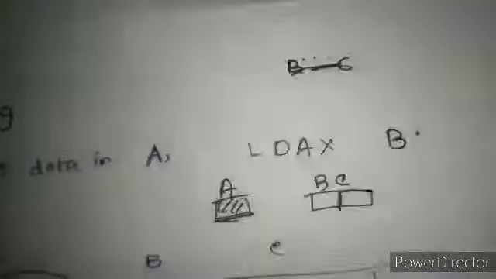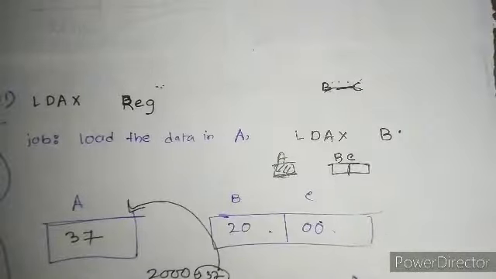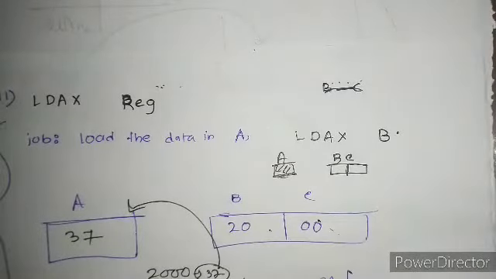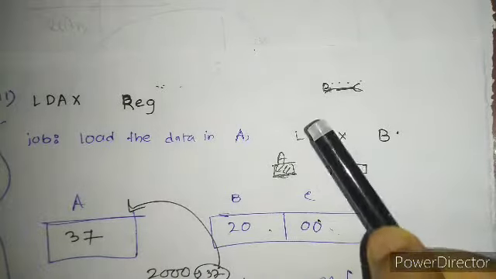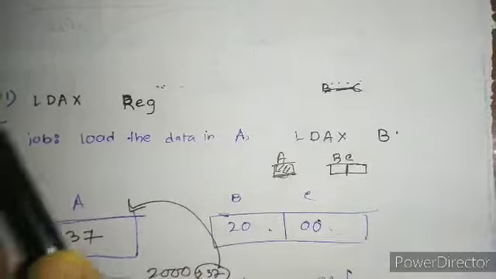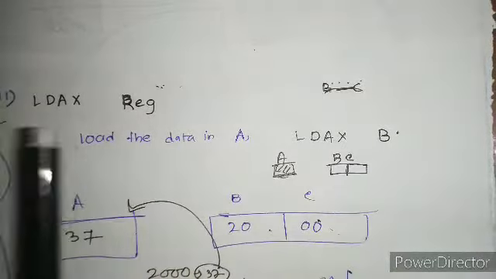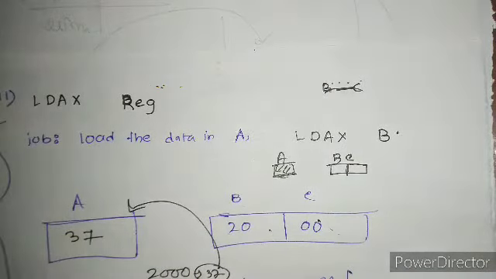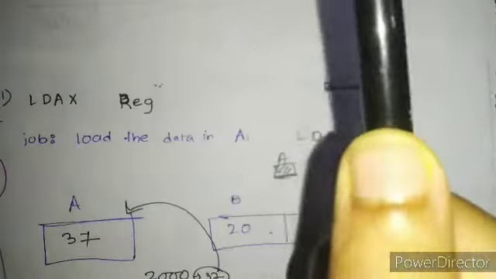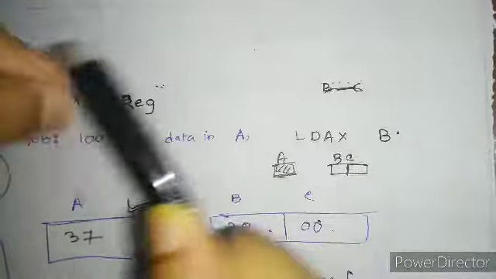Now, in this case, what is happening is we are putting some data in the accumulator from some registers. In those registers there is an address.